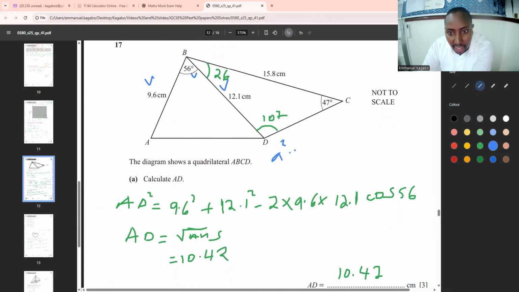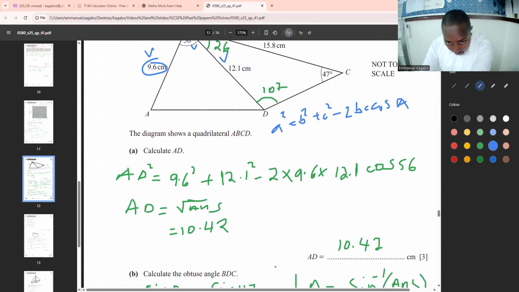A squared is equal to B squared plus C squared minus 2BC cos A. Okay? Very good. That is it. So if I'm looking for this side, it will be this squared plus this squared, minus 2 times that, cos 56. Then type that in your calculator, do the square root of that, and that will be your value here, guys.